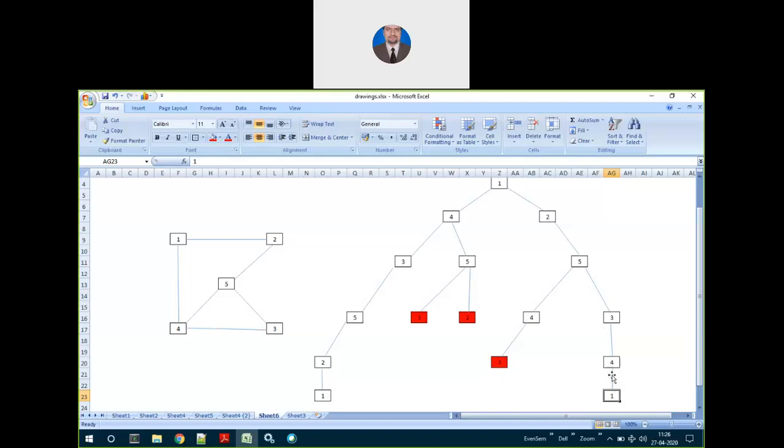So this is one of the solutions. Like this, we can find the solution to the given problem by using the backtracking method.